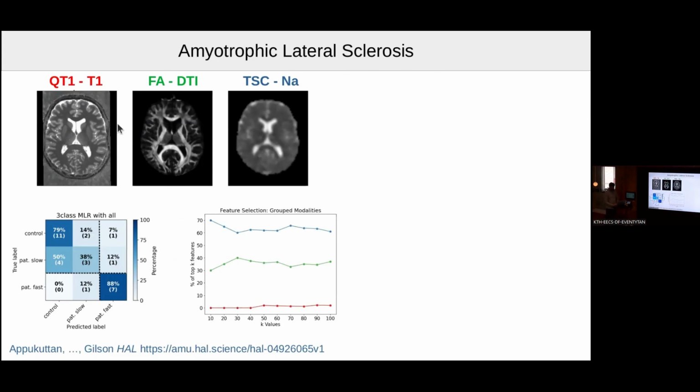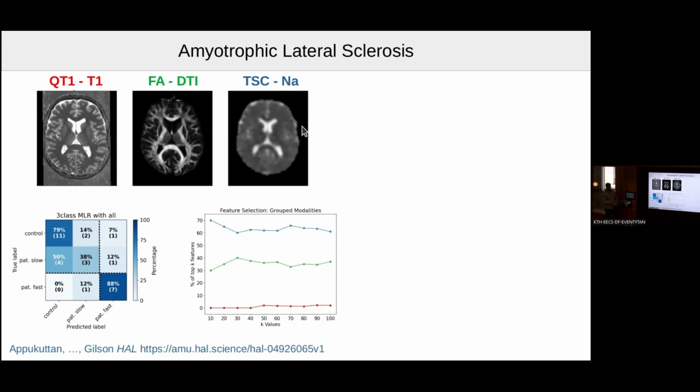So T1, so quantitative T1, that's my usual. From diffusion MRI, you can get the fractional anisotropy here, but you also have sodium MRI that corresponds to this map. They're a bit blurry, but they capture, in a sense, the metabolism, so the imbalance between sodium and potassium in the neuronal tissue.